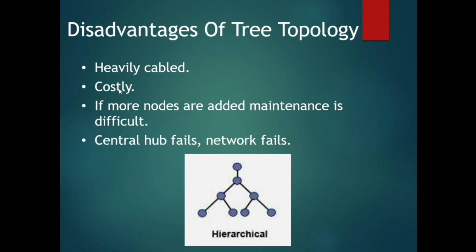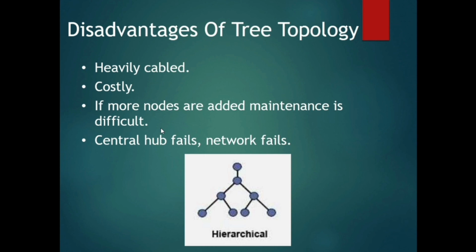If more nodes are added, maintenance is difficult. If you add lots of nodes at your central node, then maintenance becomes more difficult, and it is harder to find out which node is affected by a problem.